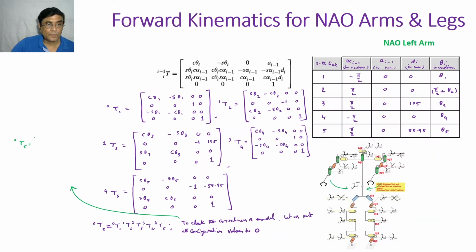5 with respect to 0, that is the matrix with rows 0, 0, 1, 100.95 (that is 105 plus 55.95), then 1, 0, 0, 0, then 0, 1, 0, 0, and 0, 0, 0, 1.